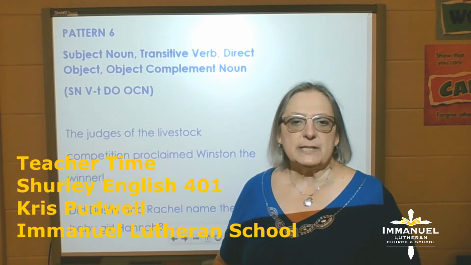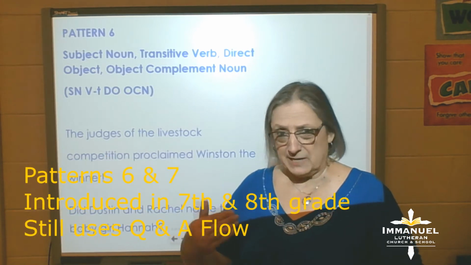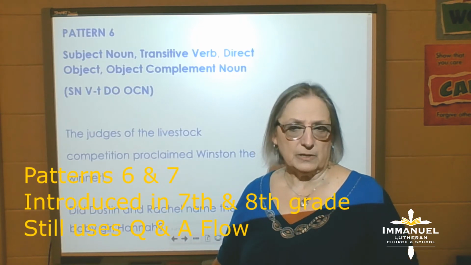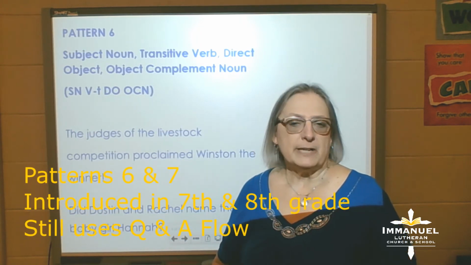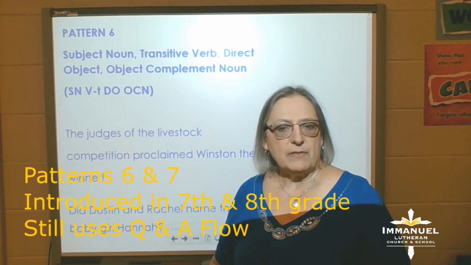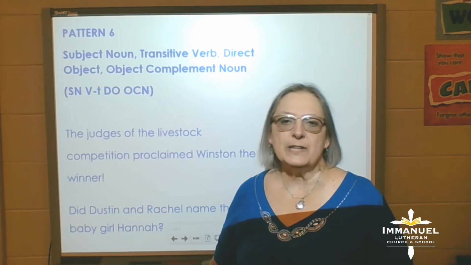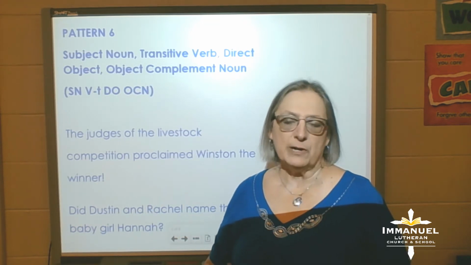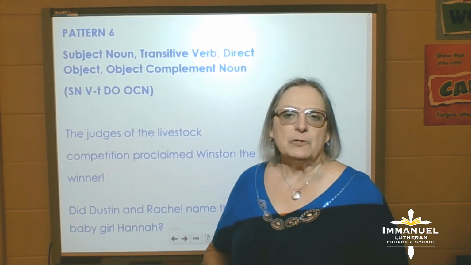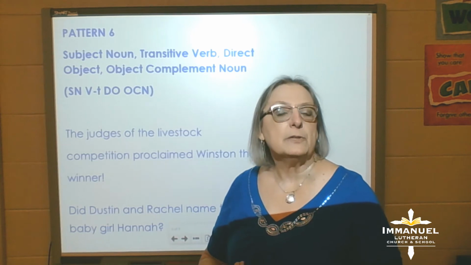You'll notice the sentences I'm using are getting a little bit more complicated in terms of the meat we're putting on the bones, but I can still go through the question and answer flow to help you identify the basic pattern. Like pattern 4 and 5, the only difference between the two patterns is one uses a noun to give us more information about the direct object, and pattern 7 uses an adjective to give us more information about the direct object.